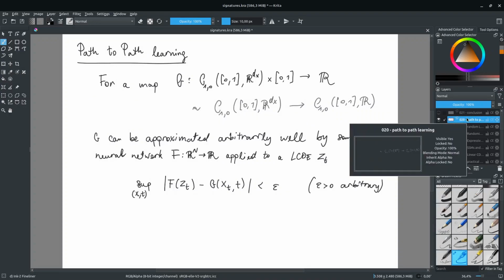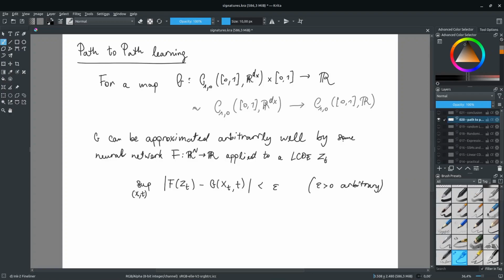Okay, so speaking of path-to-path learning, we've talked about learning a function from a path to the real numbers, so let's say like a classifier, for example. Maybe we'll just take a path and transform it into another path.